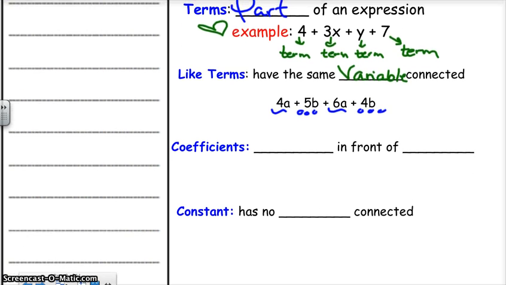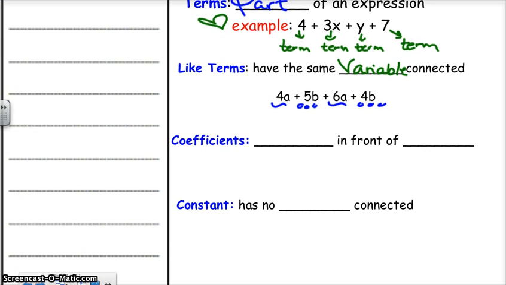Coefficients are a huge vocab. They are numbers that are in front of a variable. Coefficients are numbers in front of variables. Example, 3x plus 2.